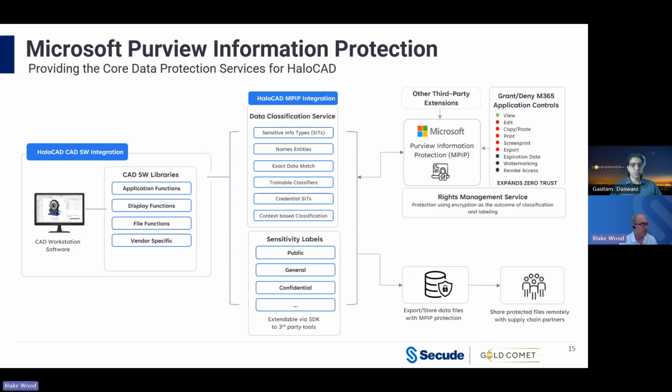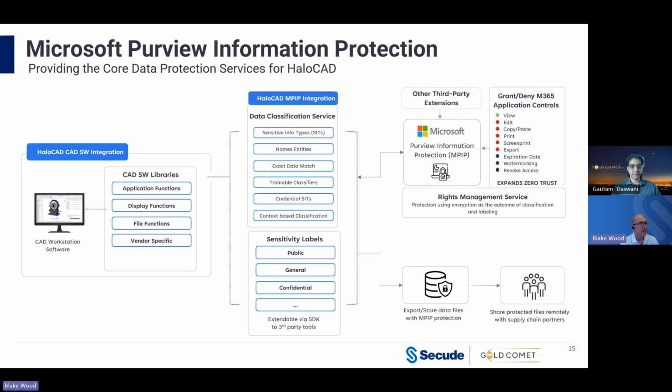One, first and foremost, it's got a very robust data classification engine. And with this, we're able to classify data on the fly using different information available to us. When it's CAD files, we can actually reach into things like PLM systems and understand who the user is that's accessing this file, how has this been classified in a PLM system, and then we can map that to what they call sensitivity labels below, which describe these.